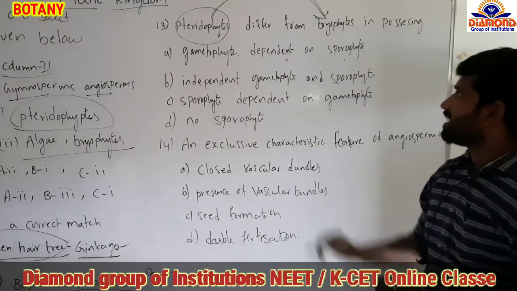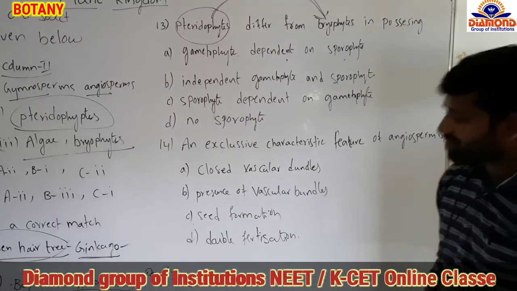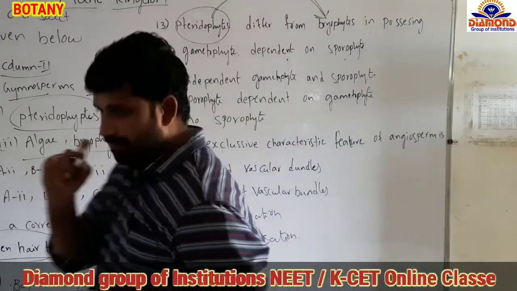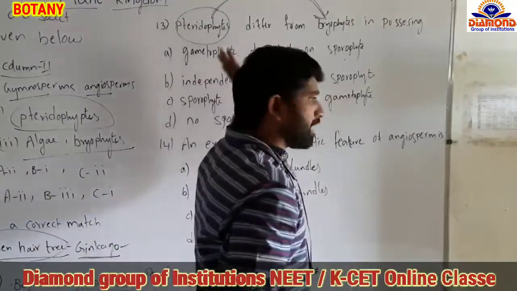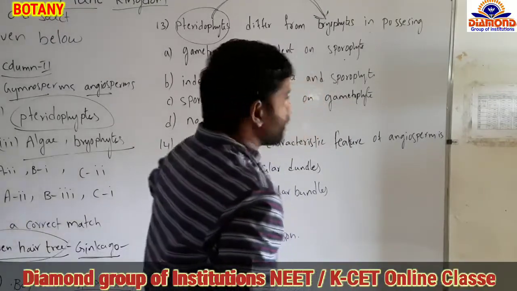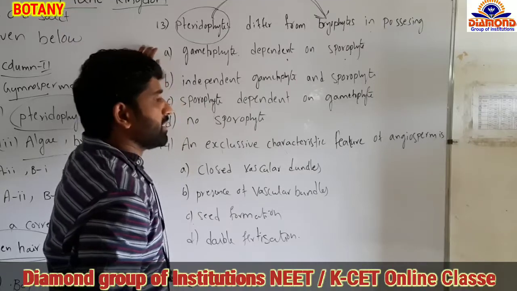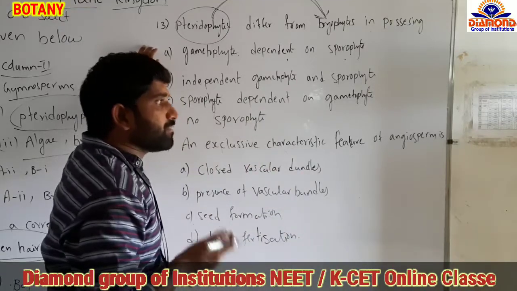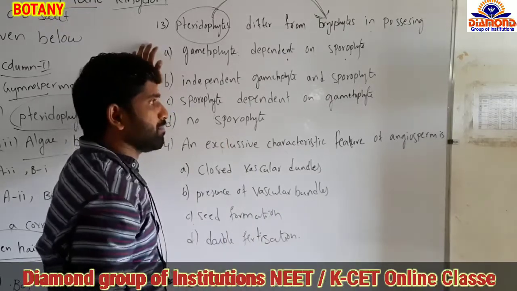And option B: independent gametophyte and sporophyte. In bryophytes, the sporophyte body always depends upon the gametophyte body. The gametophyte body is free living, but the sporophyte body is a parasite, meaning it depends upon the gametophyte body.